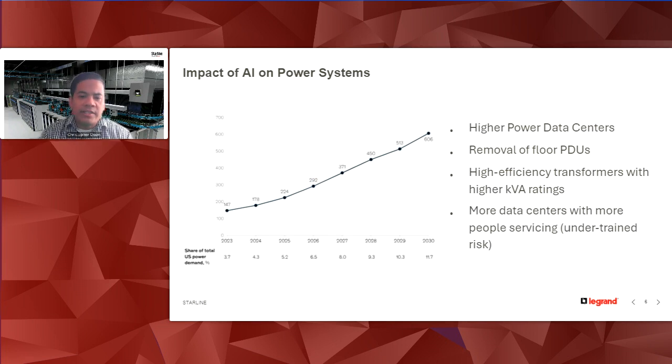So with this increasing power demand, inherently, you're going to have higher arc flash risk because you're increasing the power. And with that, I think companies, organizations, employers all need to keep in mind that you need to equip your employees to deal with the work under that type of increased risk.